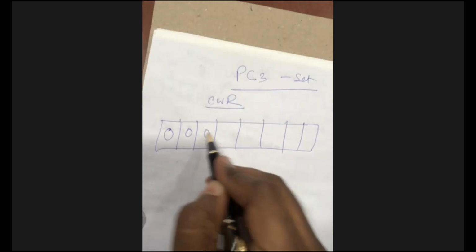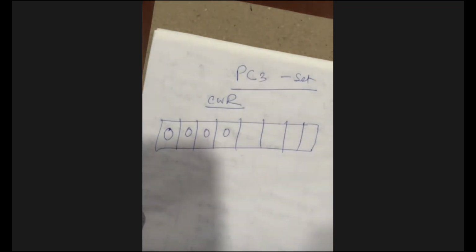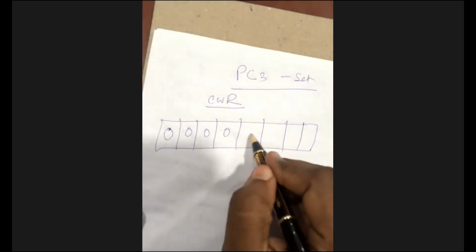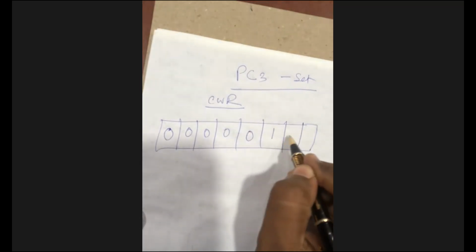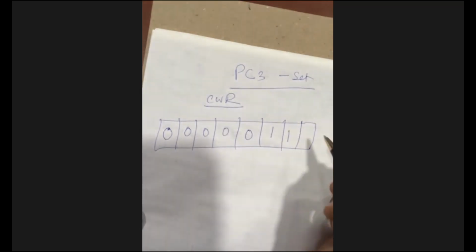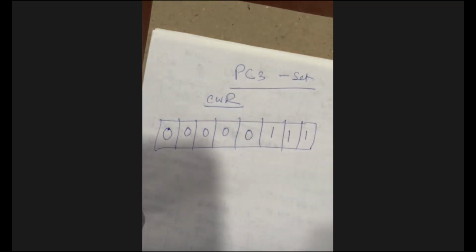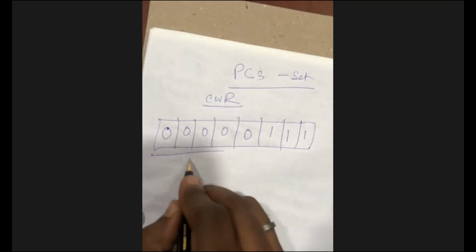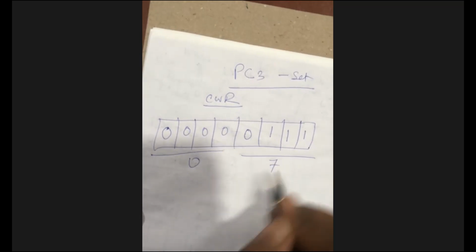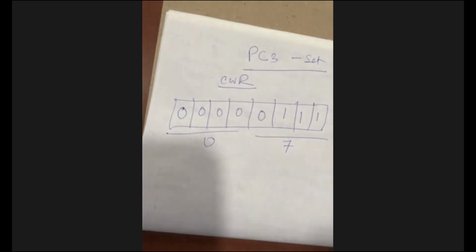PC3 means 0 1 1. Set means 1. So it's 0 0 0 0 0 1 1 1, which is 7. So 7 will be the value of CWR.